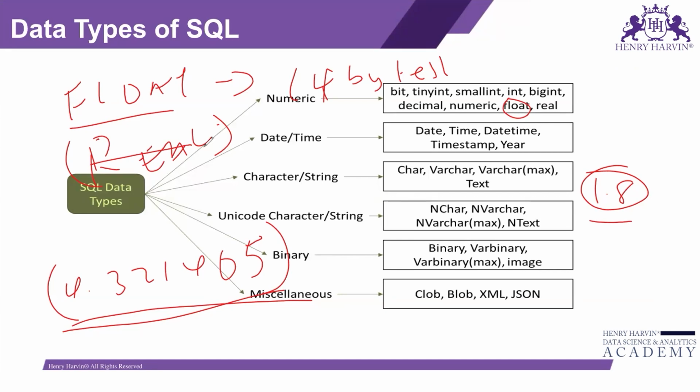So it's suitable for applications where high precision is not critical, for example in scientific or engineering calculations. Those are some of the areas where we can use the float. Okay, any other question up to there?